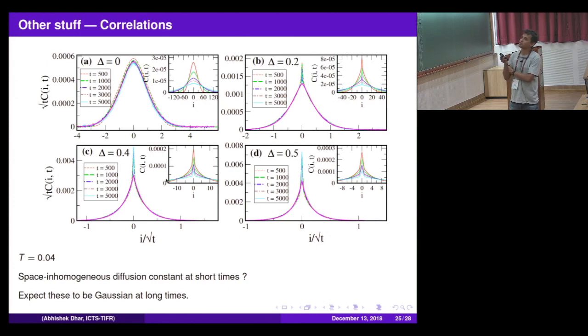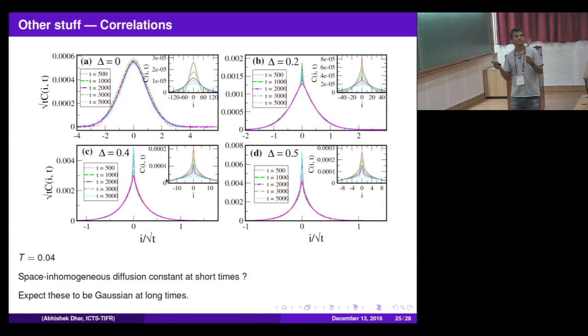I also want to say we also looked at correlation functions. So these are equilibrium correlation functions for, let's say, energy. And here what you see is that at all disorder strengths, we see diffusive behavior, but sometimes it's highly non-Gaussian. This we don't understand.